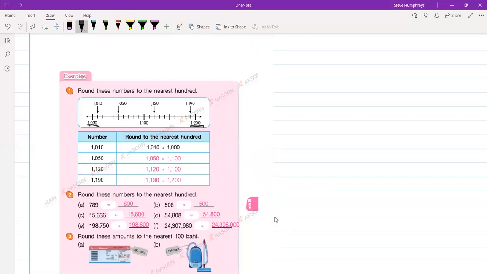Okay, so each increment is 10. 1,010, 20, 30, 40, 50, 60, 70, 80, 90, 1,100, 1,110, 1,120. Okay, all the way up to 1,200. So you're going to round to the nearest 100 these 4 numbers.